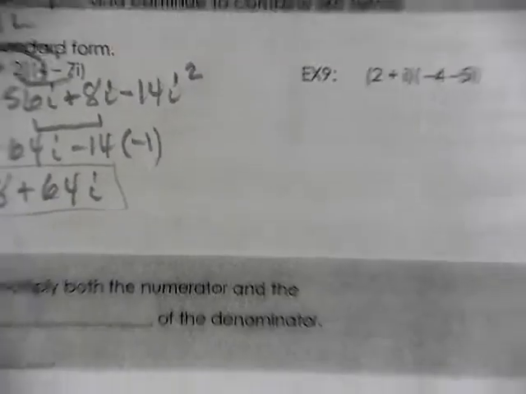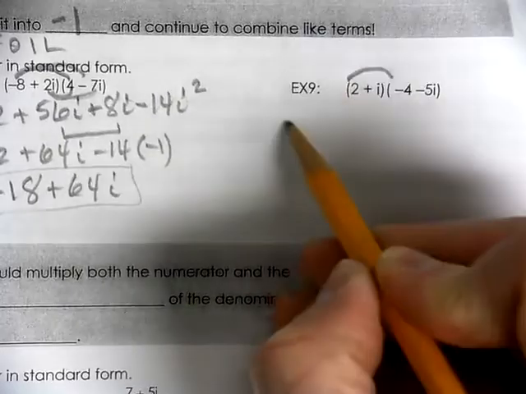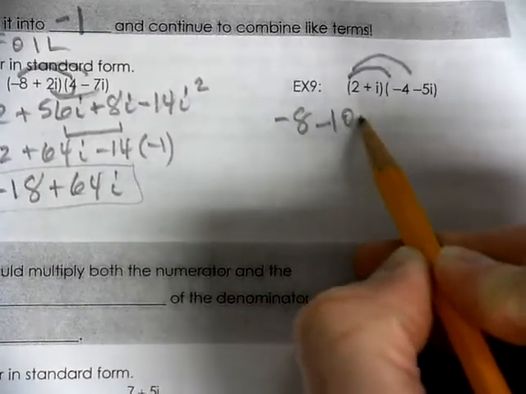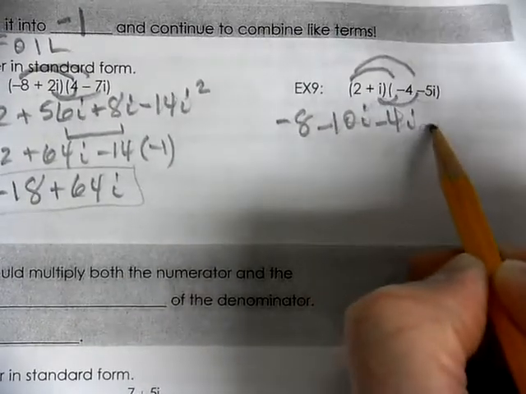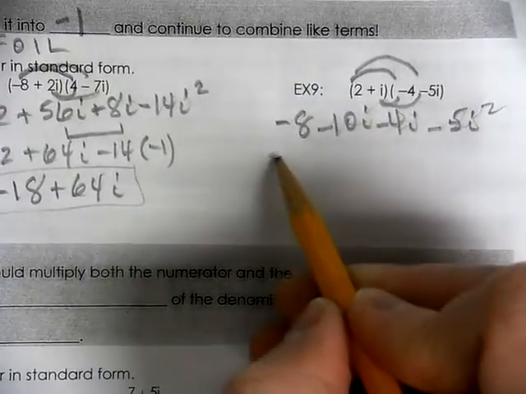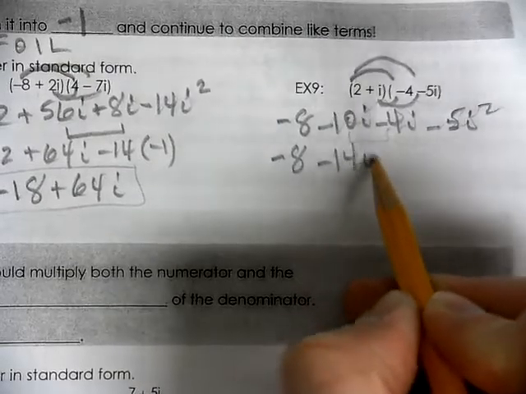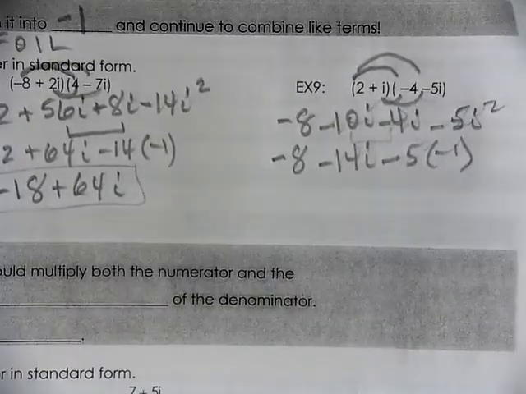All right, this is the same exact problem with some different numbers. Get -8, -10i, minus 4i, minus 5i squared. We're going to group our terms together to get negative 14i, and i squared is negative 1.